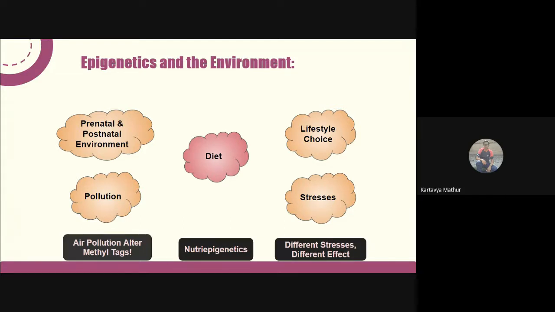It would have a different kind of epigenetic tags on its genes, like there are certain genes which control obesity. If you are given good nourishment during your early childhood or during your prenatal stage, then you won't be developing obesity due to genetics. But maybe in the later stages, it may be due to other factors.